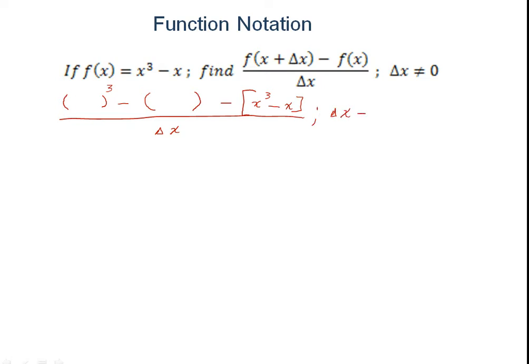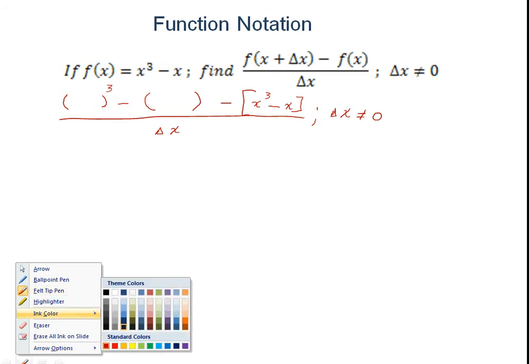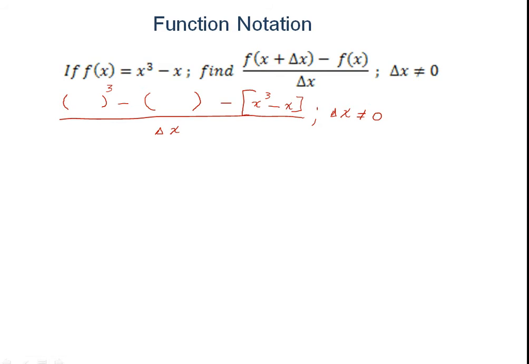We want to FOIL and simplify our algebra, distribute our negative, and we notice that we get to have a few terms cancel out. We'll factor out a delta x, and the delta x's cancel. But don't forget, even though we canceled it, delta x still can never equal 0. When we finish, our answer will remain algebraic.